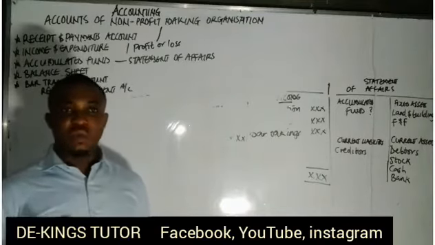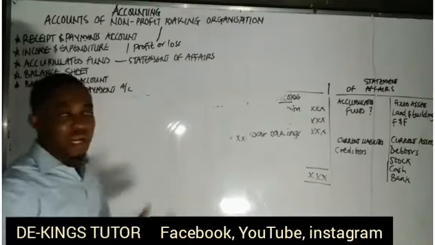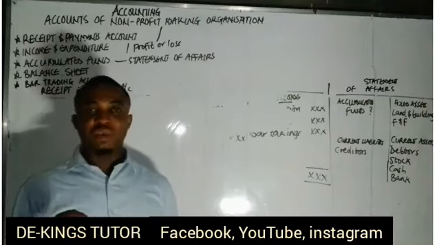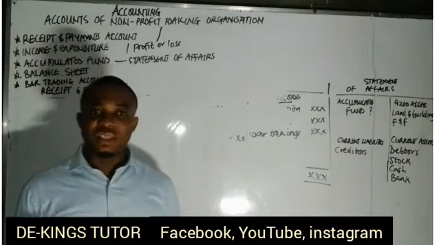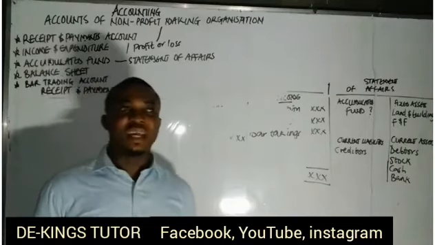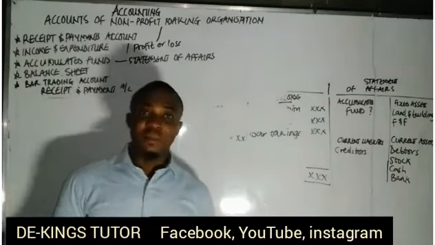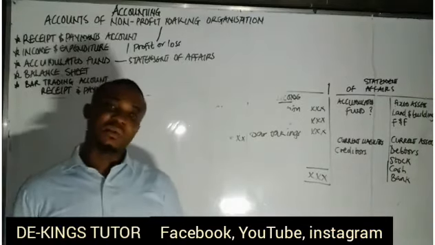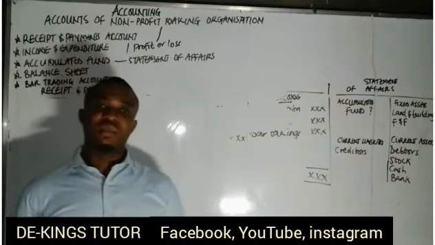I would advise that while solving accounts for a non-profit making organization, you start with your additional information. Adjust all the things that need to be adjusted. For instance, items you will see there might be accrued income, prepaid income, accrued expenses, and prepaid expenses.